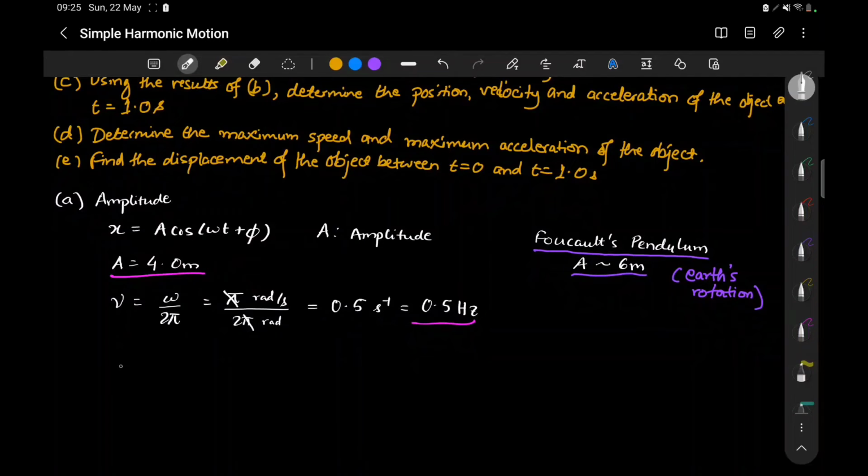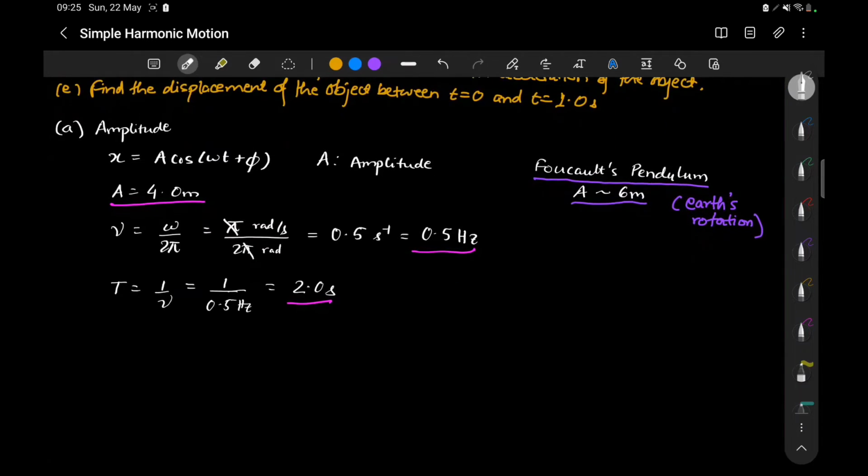Now we need to determine the time period. Time period is nothing but 1 over frequency, which is 1 over 0.5 hertz, which is 2 seconds. This is the first part of the question.